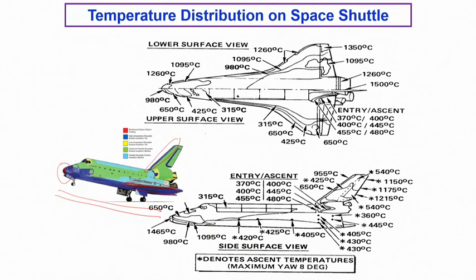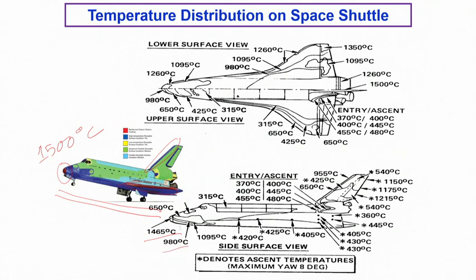The temperature here could be in excess of 1500 degrees centigrade. So now we are talking about a temperature regime which is even higher than the turbine blade temperatures. So obviously you require tiles, or ceramic systems, which can withstand such high temperatures.